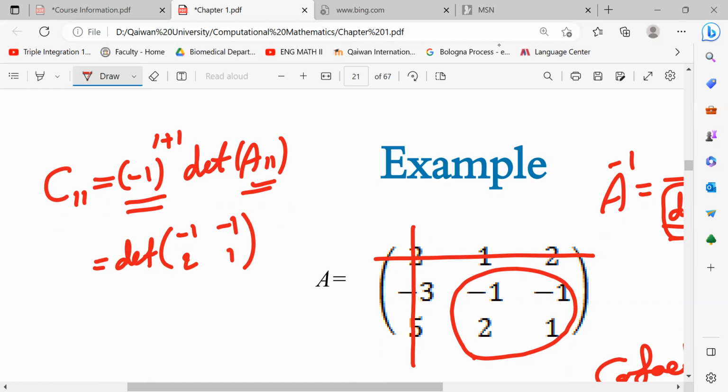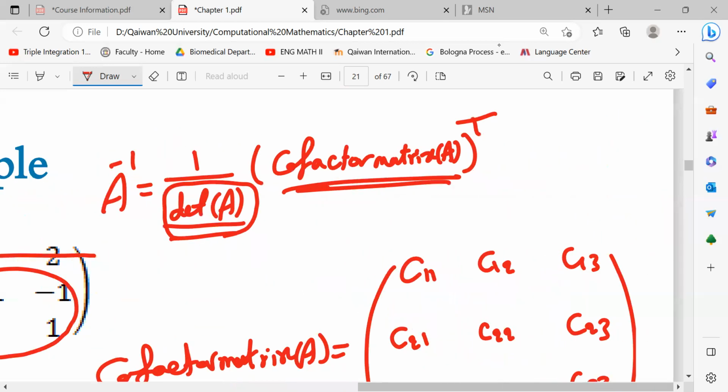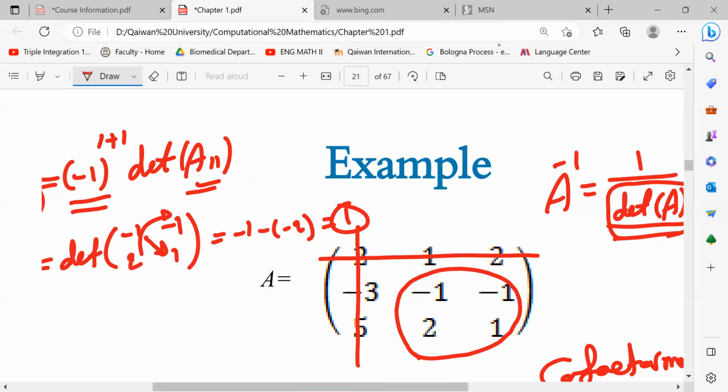This is A11. What's this determinant? Multiplying these two minus multiplying these two. This equals -1 minus multiplying these two, which is -2. And the result is 1. So this is 1. What's this? It is C11. We replace this by 1.